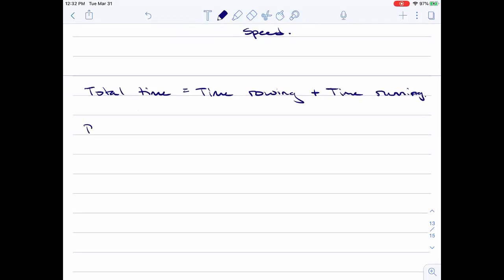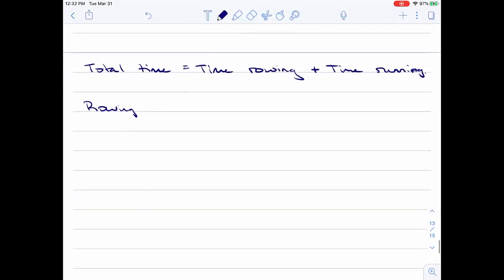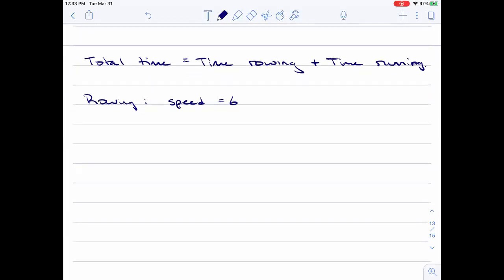We can focus on what the rowing looks like. The rowing has a speed of 6. We'll ditch units for a little bit here. We've got this right angle here.